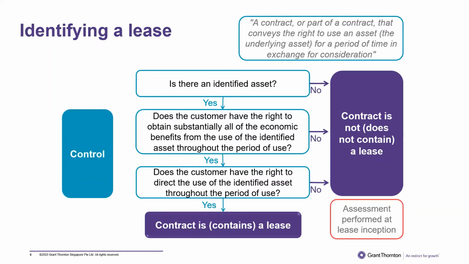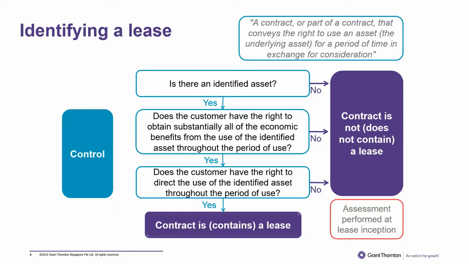The standard doesn't define what substantial means, so again, there's a little bit of judgment involved. Generally, we take a 75% rule. So if more than 75% of the output from an asset is being purchased by one entity, that's a strong indicator that all the economic benefits are being consumed by a single customer.